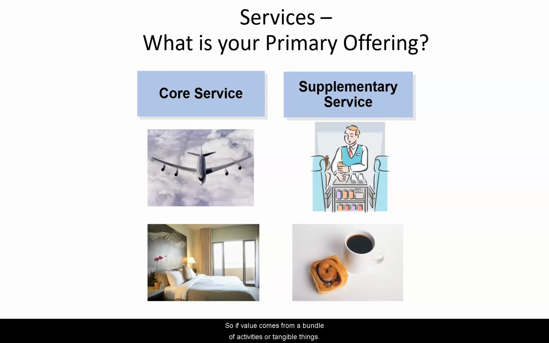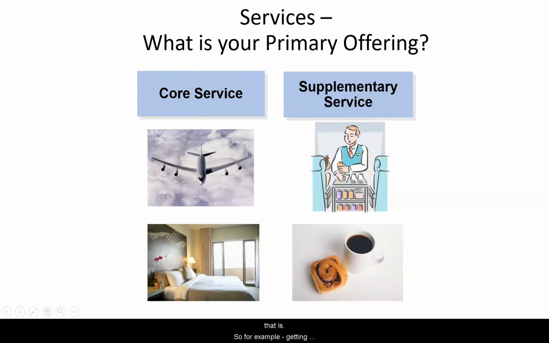So if value comes from a bundle of activities or tangible things, a major service question becomes, well, what is your primary value offering? And so for services, it helps to define your core service and your supplementary service. So keep the primary value offering in focus, whatever that is.